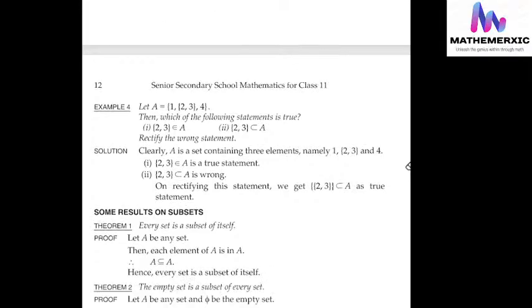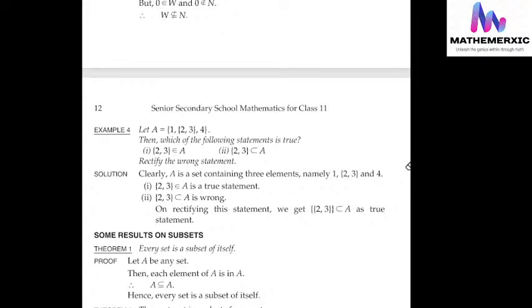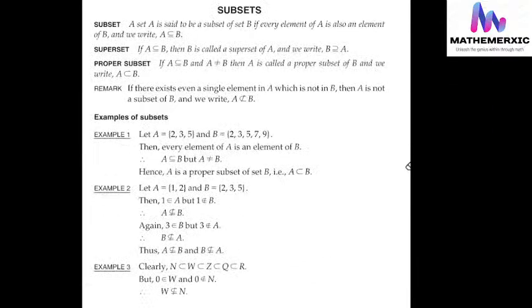Whenever we are saying proper subset, in brackets 2, comma 3 belongs to A is okay. Is a proper subset. In that case, an element can't be a subset. A set can be a subset. Right? So that is the logic.